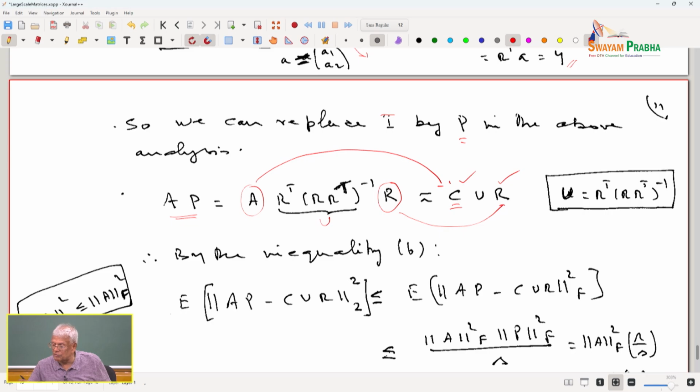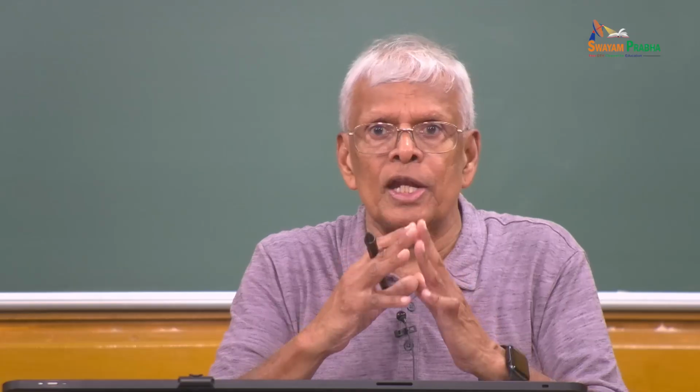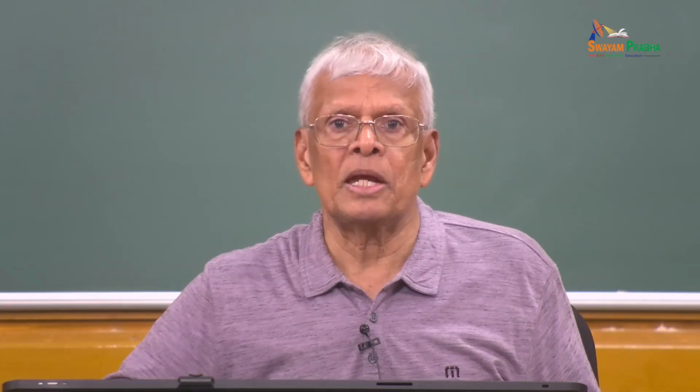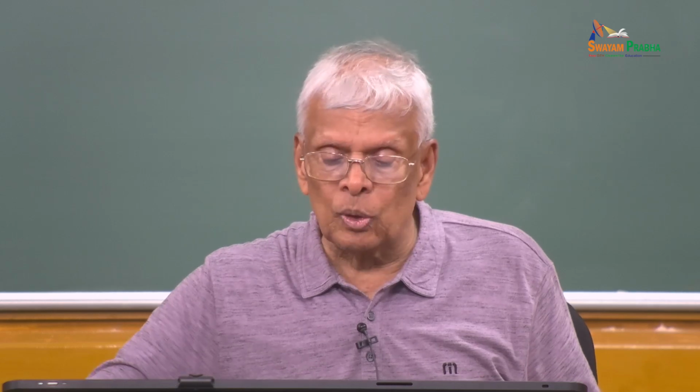This is the generalized inverse of R. So, what is U? U is a coupling matrix. I select a subset of columns, I select a subset of rows of R, and I need to be able to couple them. U couples them in such a way that CUR provides a very good sketch, a very good approximation.